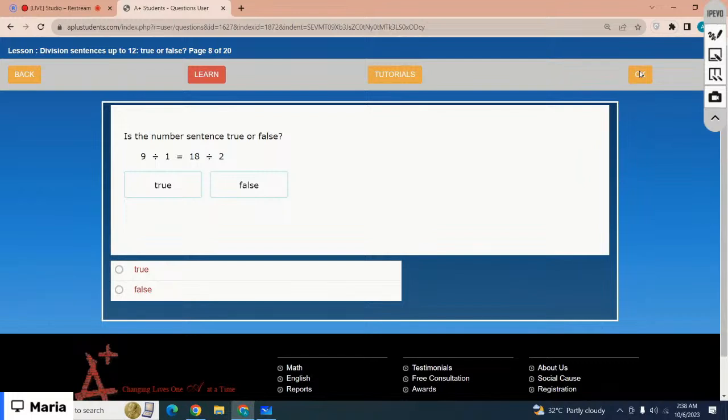Is the number sentence true or false? 9 divided by 1 and 18 divided by 2. Which is the correct option? Jacob, stop.